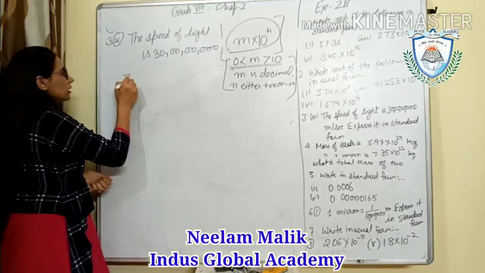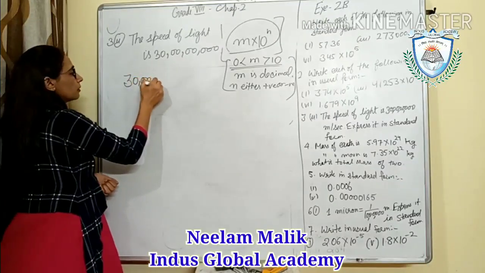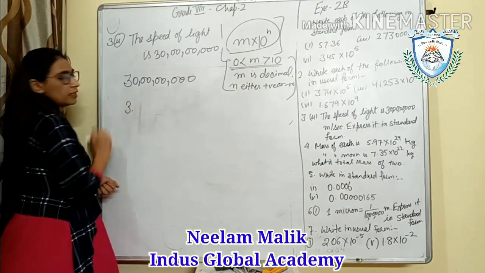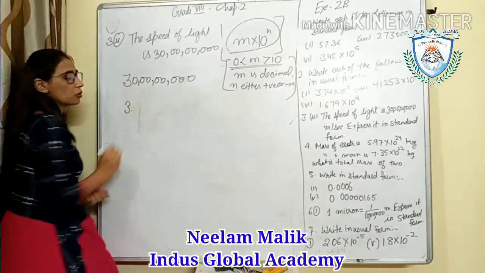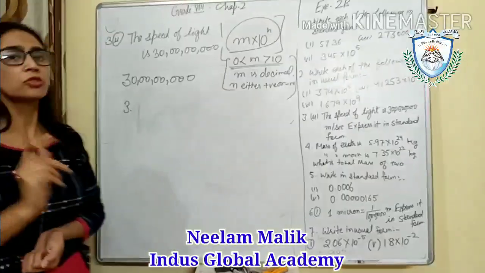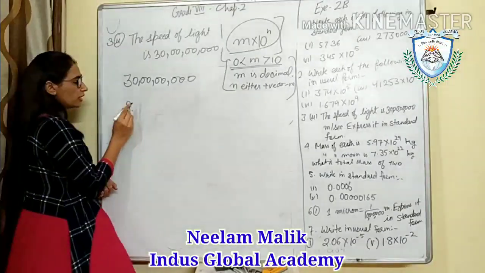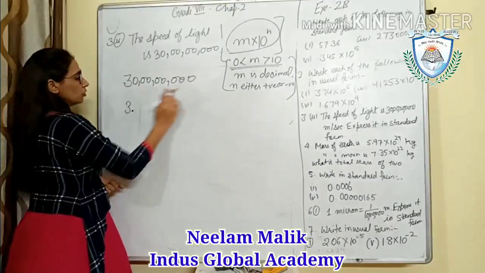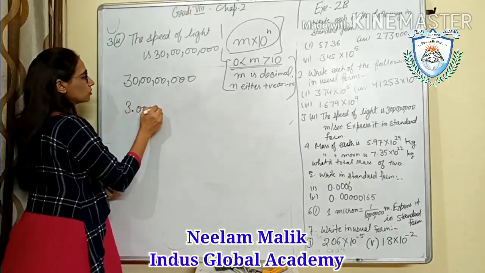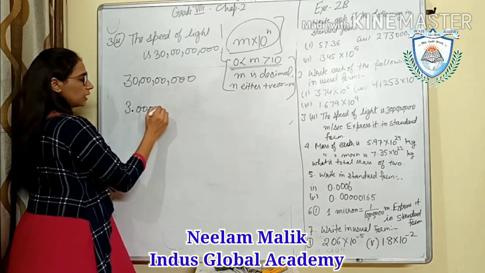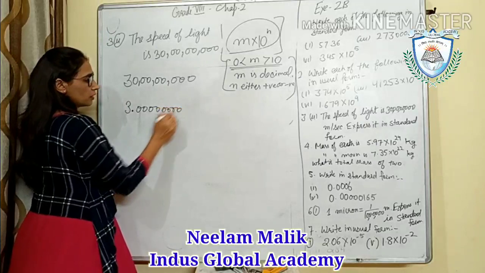So it will be 3 point. We will put the point here because the value of m should be between 0 and 10. You can take all these zeros: 3, 3, 6 and 8, 4, like this.